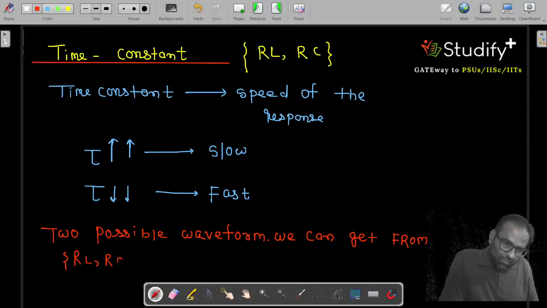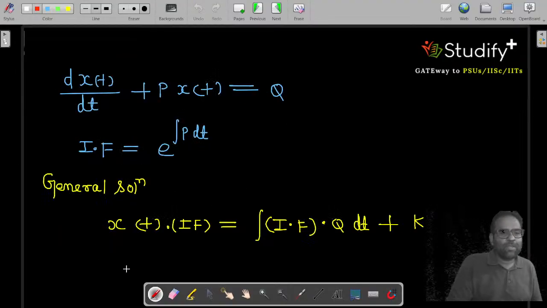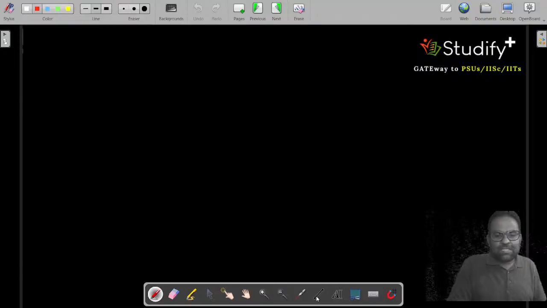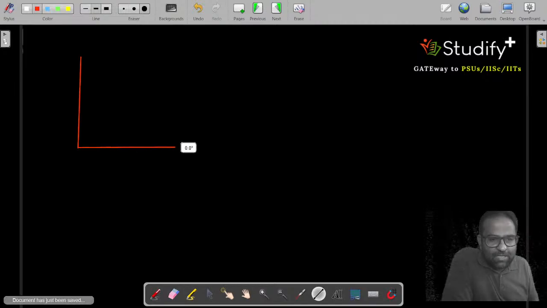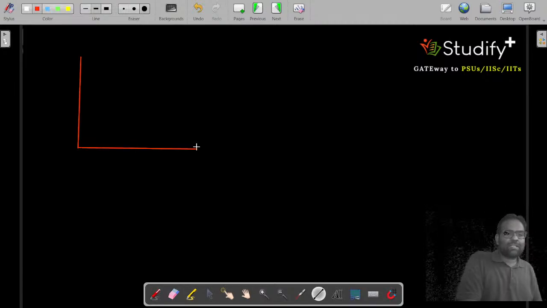And what are those two possible waveforms? The first waveform is, let's say some component is charging, or discharging.